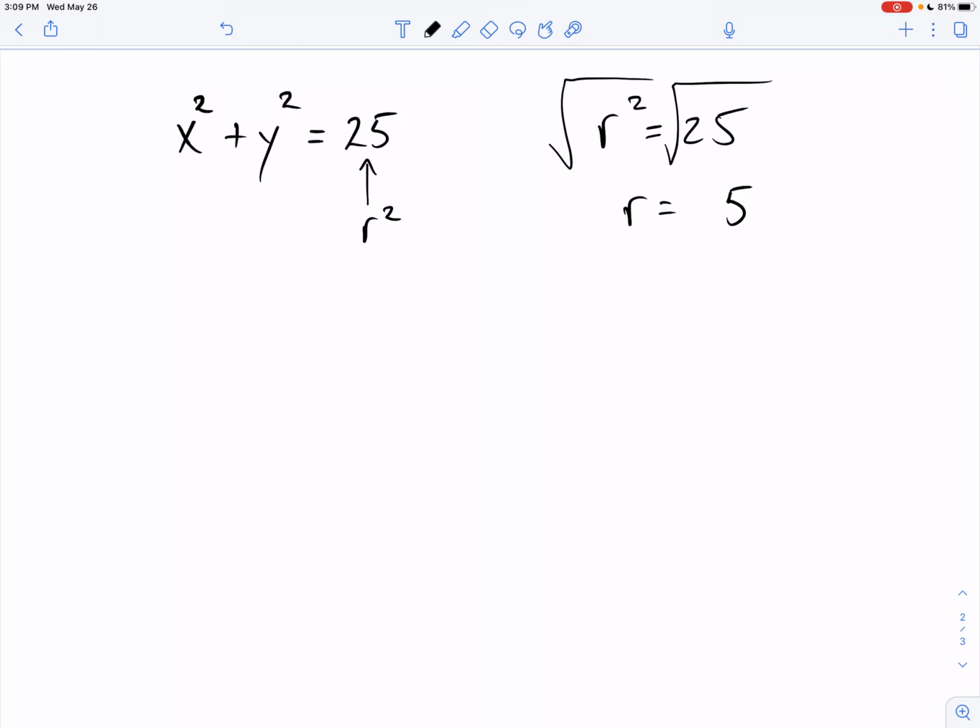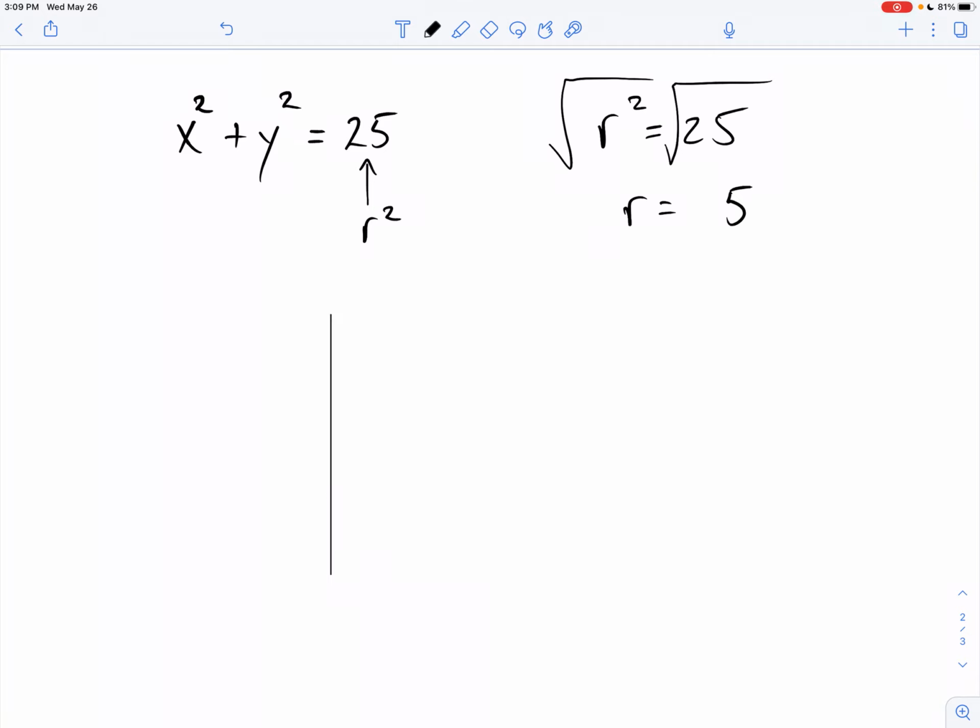Now, I know that when we solve for r, we take the root and we'd get plus or minus. But since a radius is something you would measure out 5 units, we disregard the negative. We don't count that. We just count the 5, because a radius is a positive length.